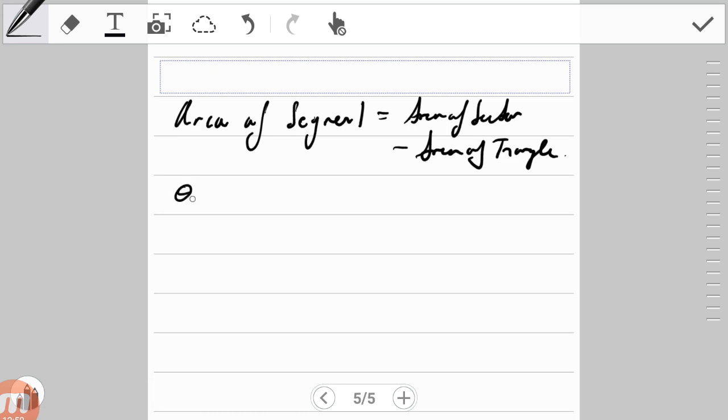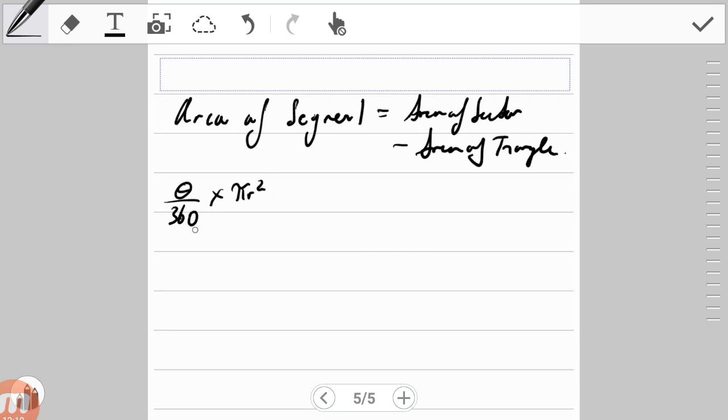That's theta divided by 360, since a sector is a fraction of the area of the circle, multiplied by pi r squared. The angle which we had calculated to be 99 divided by 360 should be multiplied by pi as 3.142, and the radius we had calculated earlier was 9.7, and we're going to be squaring that.